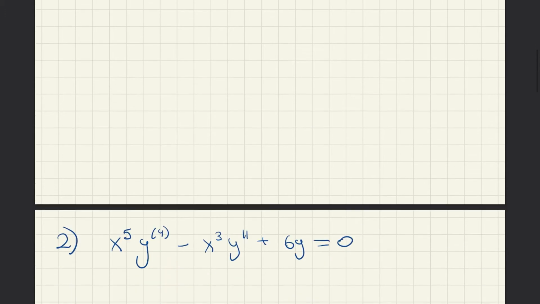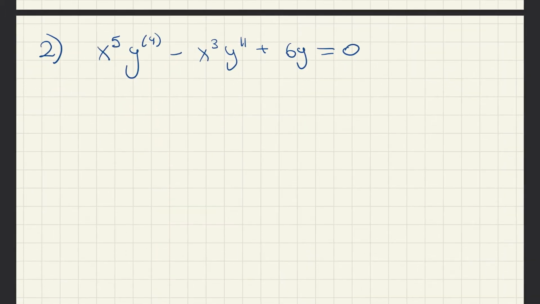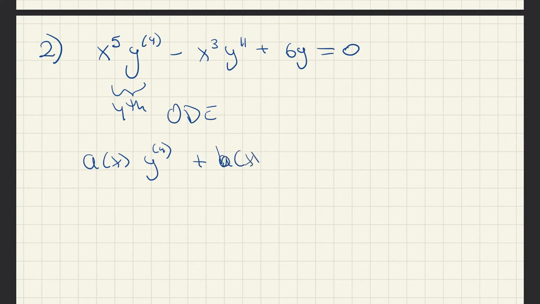Okay, next problem. For this next problem, we can see that this is a fourth order differential equation, because this is the highest order, and then we can put it once again into the form that we had before to see if this equation is linear or not.